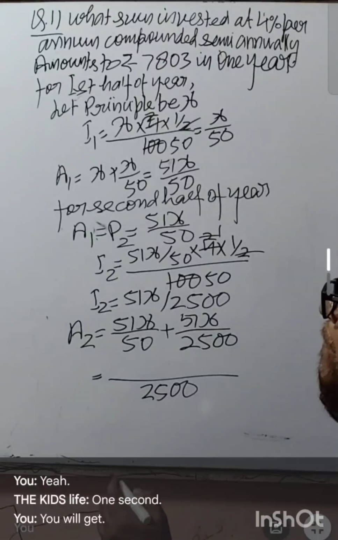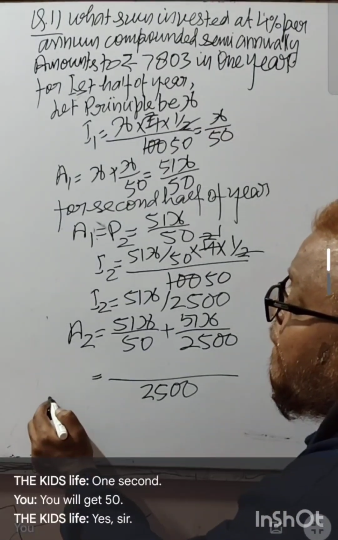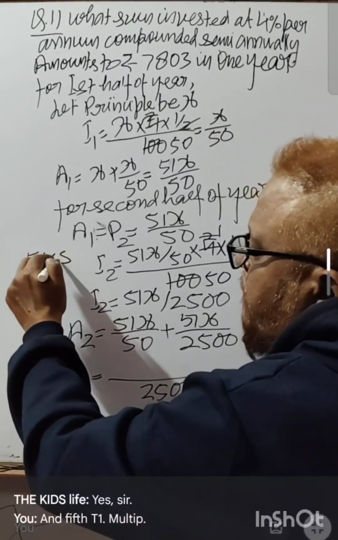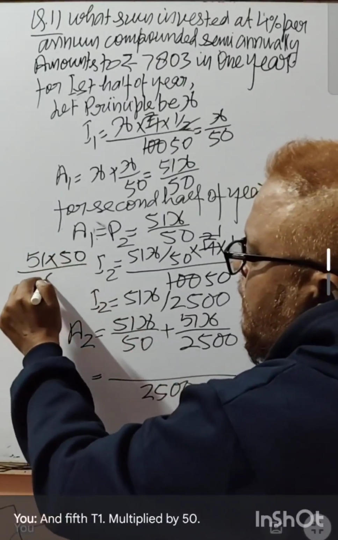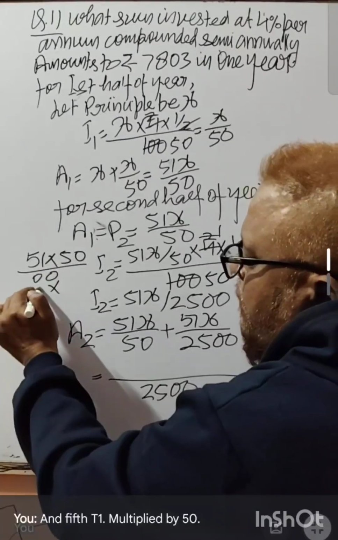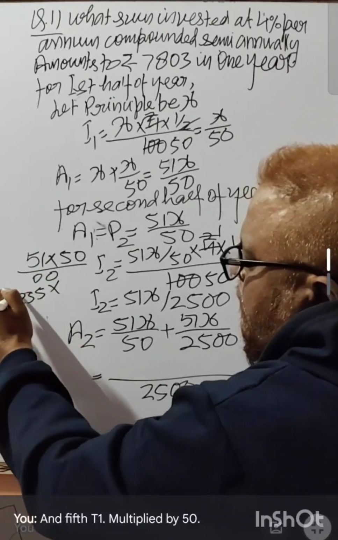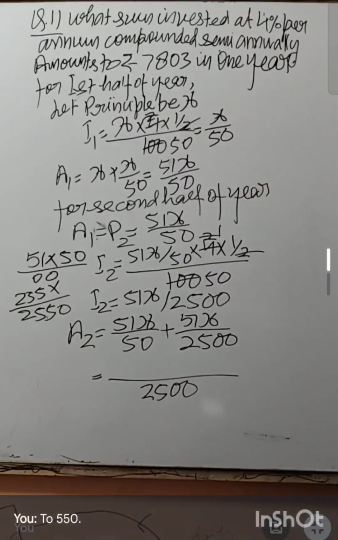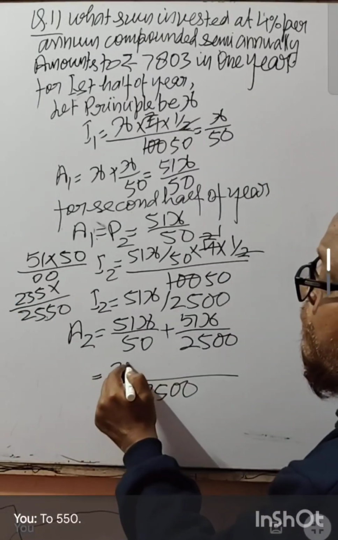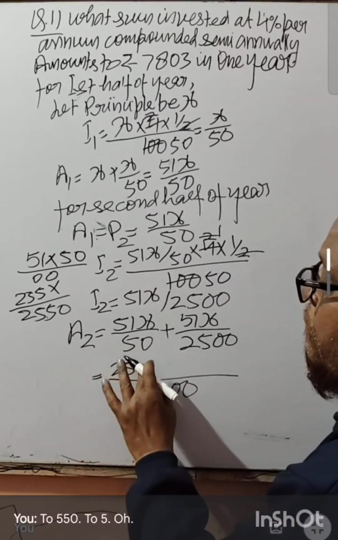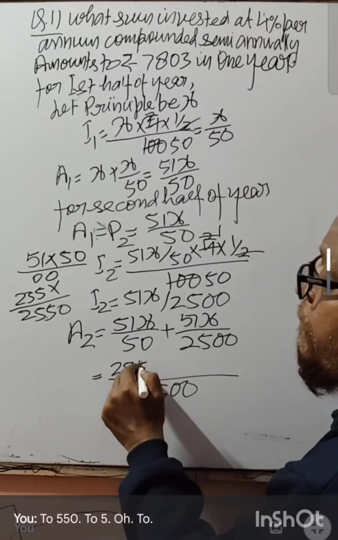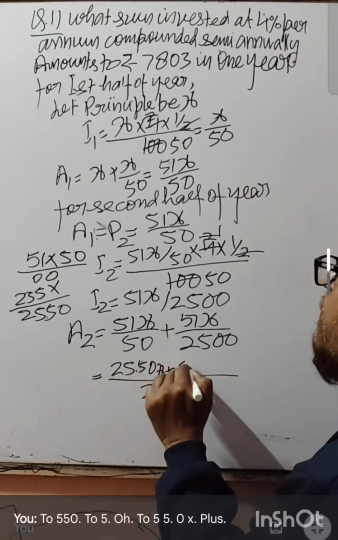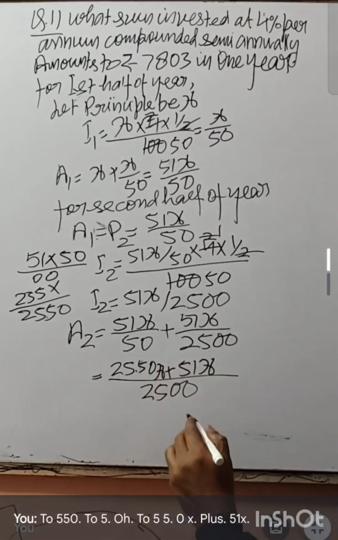You will get 50, and 51 multiplied by 50 is 2550. So 2550X plus 51X, right?